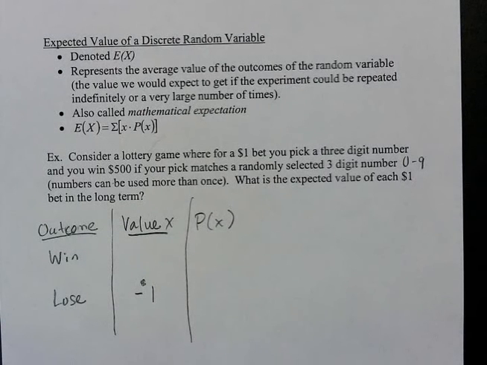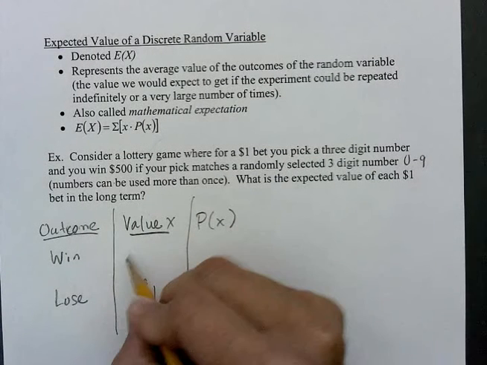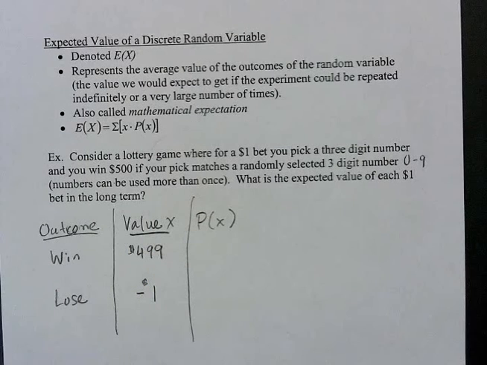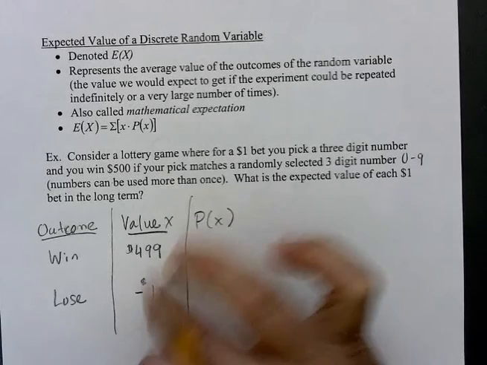You've won $499 if it costs you $1 to play. If it costs you $5 to play, then you won $495. So you have to subtract what it costs you to actually play the game from your winnings. So the value of the win outcome is actually $499, not $500. You have to think about your net gain or loss in these values.